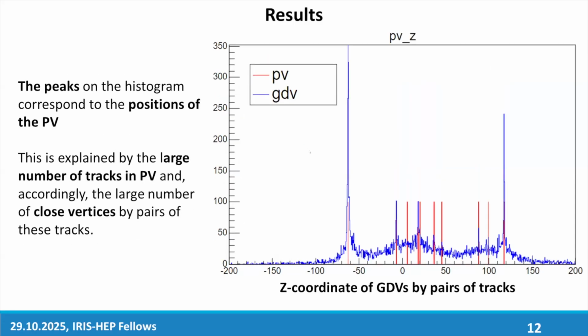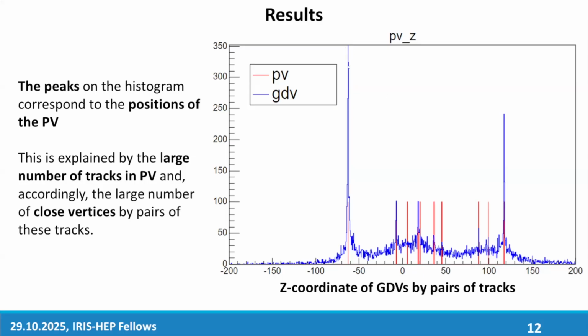So what we have after the first stage of building this GDV, the first concept was that we can use all tracks multiple times. So it's useful for the first integration of the algorithm in the LHCb stack, and to test whether it works okay. And we can see that there are a lot of these peaks.